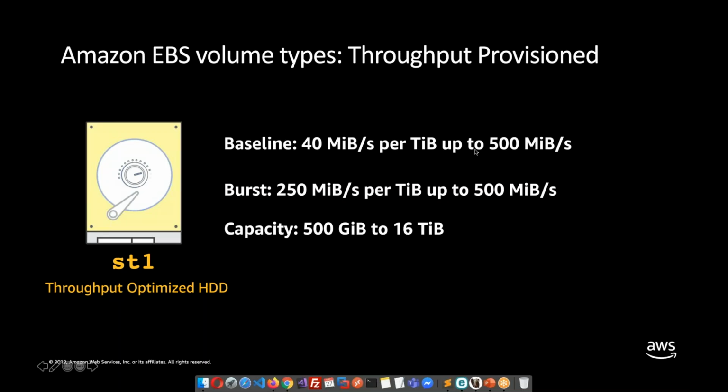So we cannot create an ST1 volume of less than 500 gig from the start, but if, for example, you first create 500 gig, then the following day, or maybe the following hour, you can add just one gig if you need more capacity.